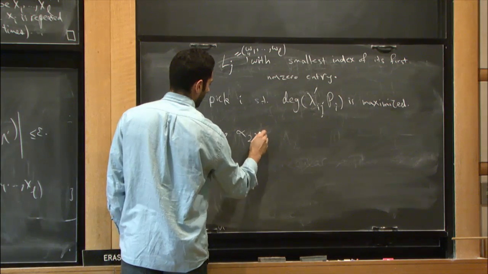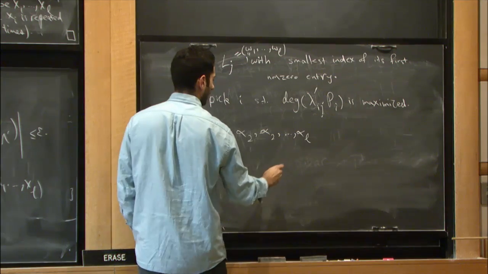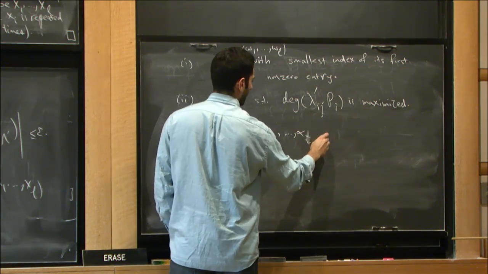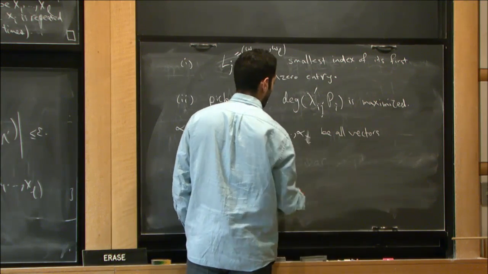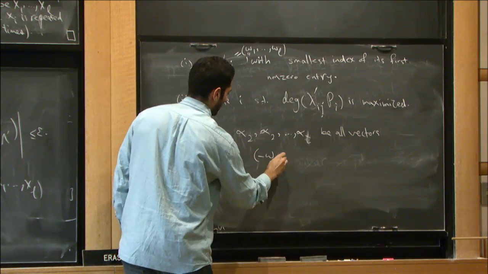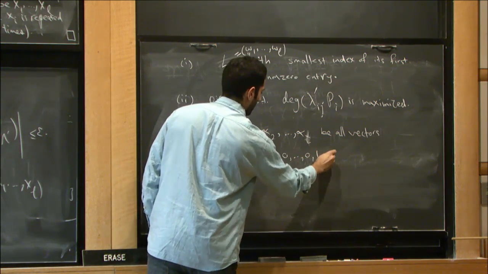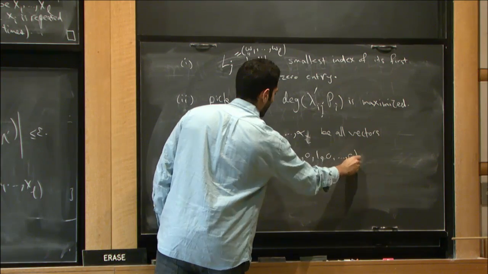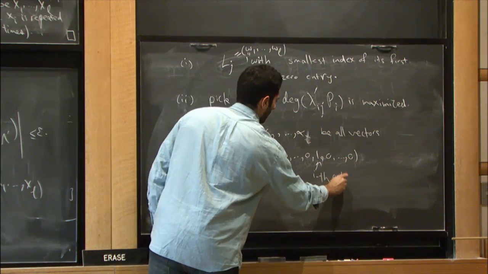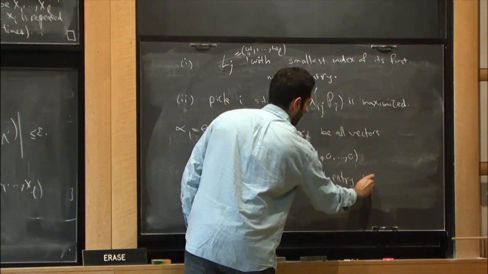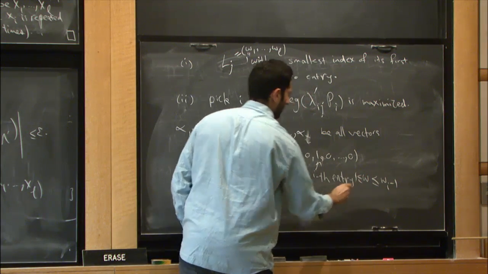So let alpha_t be all vectors of the form 1, where this is the ith entry and w is less than or equal to w_i minus 1.